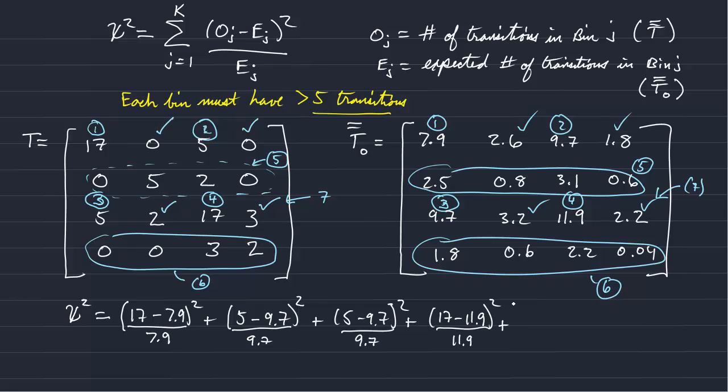In bin 5, we have the sum of the second row of T, which is 7, minus the sum of the second row of T0, which is also 7.